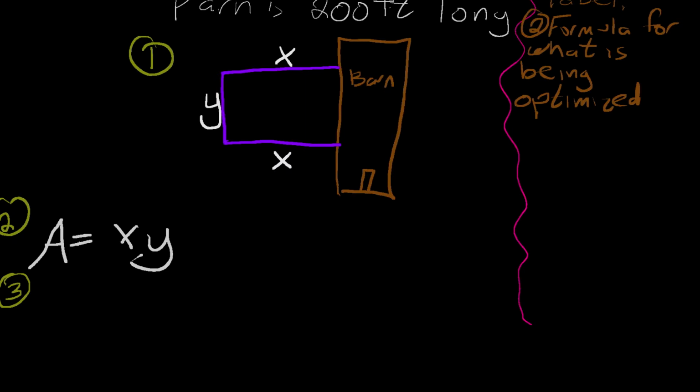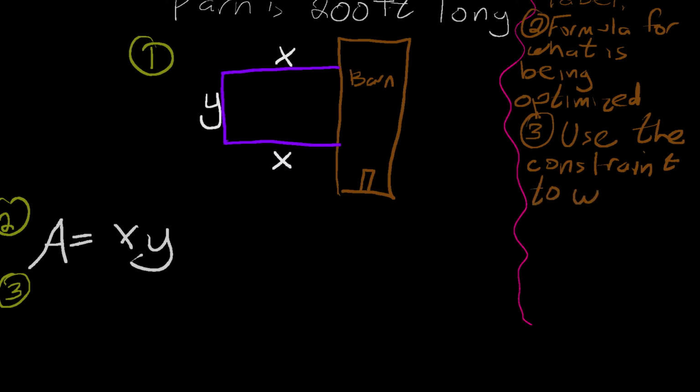So basically what you're going to use is your constraint. So you're constrained by something always, and you're going to use that constraint to write your formula in terms of one variable.